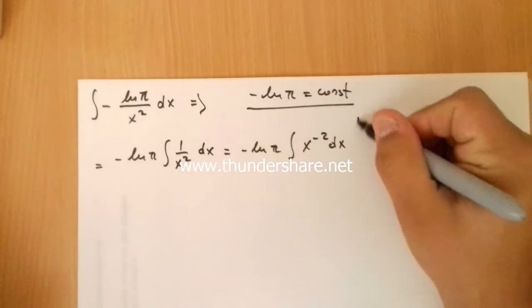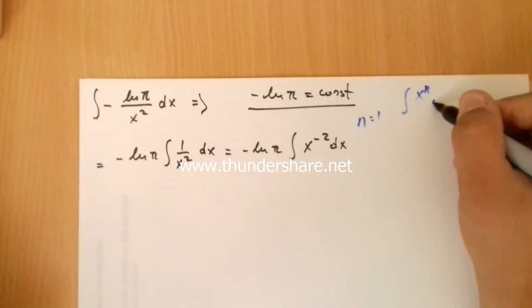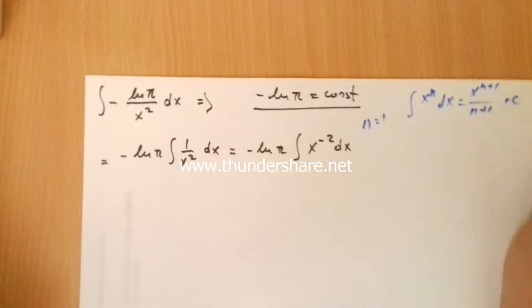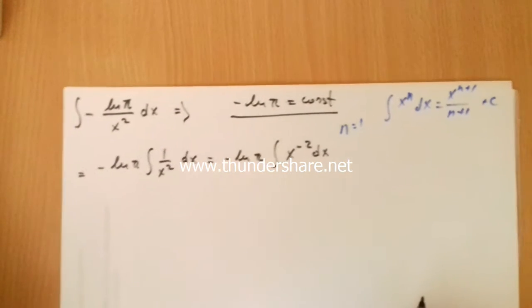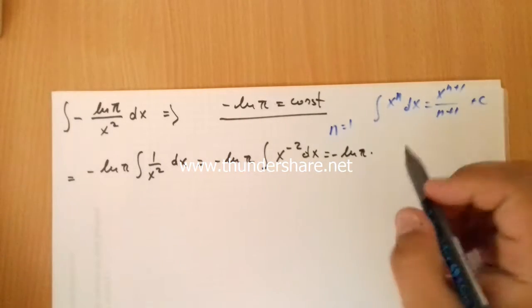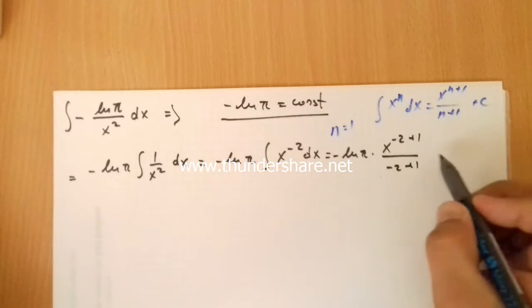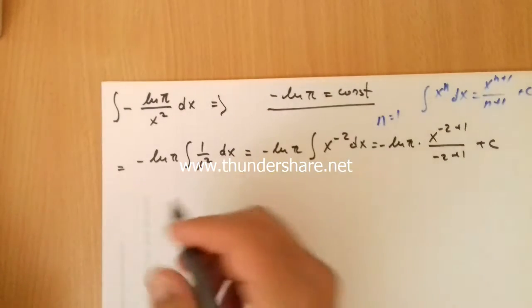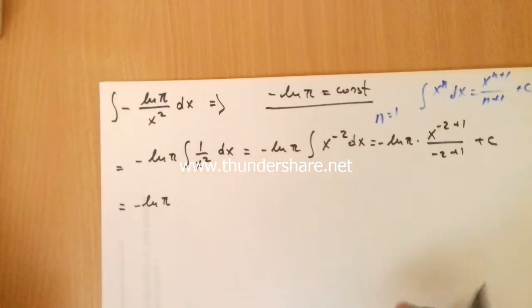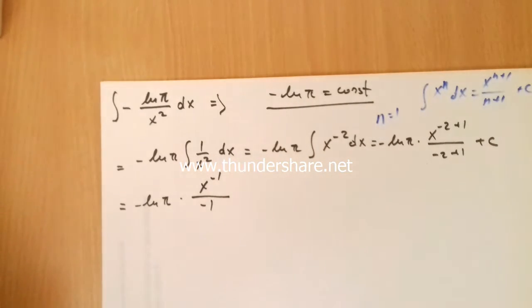So now n is equal to minus 2, so the integral of x to the n dx is x to the n plus 1 over n plus 1, plus c, and this is equal to minus ln of pi times x to the minus 2 plus 1 over minus 2 plus 1, plus c, and this is equal to minus ln of pi times x to the minus 1 over minus 1.